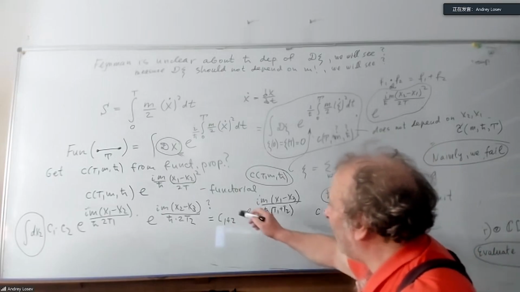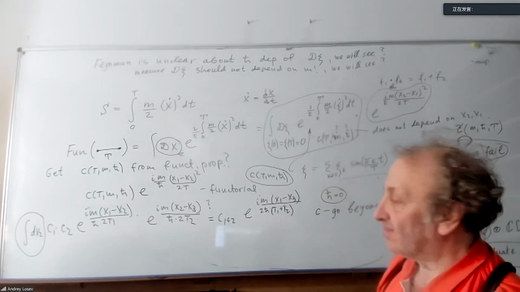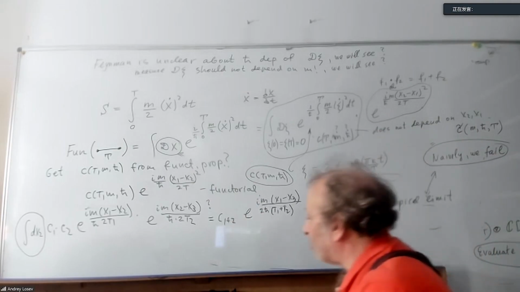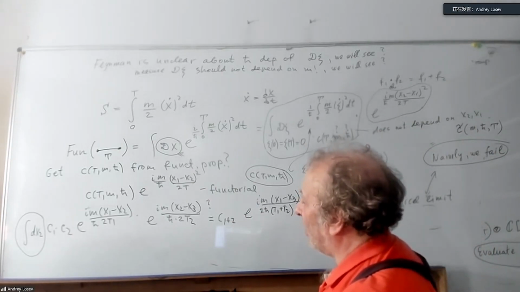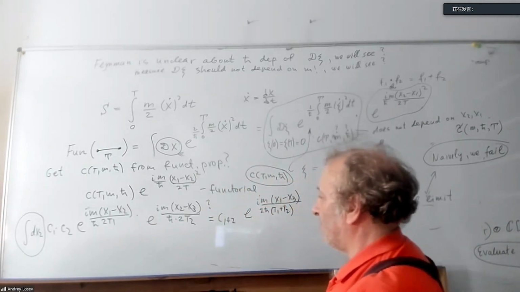So I need to be accurate about coefficients. So what are the multipliers when I integrate over x2?